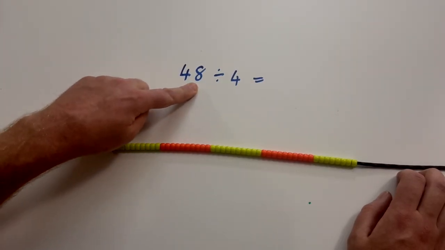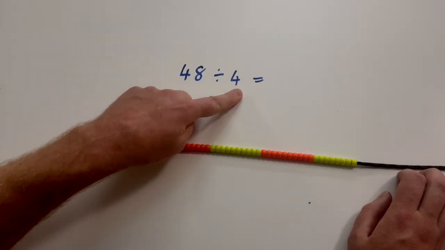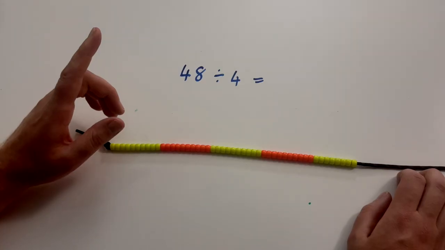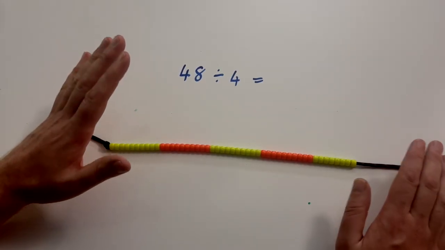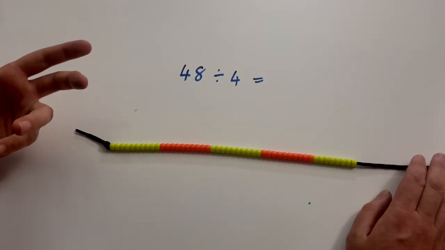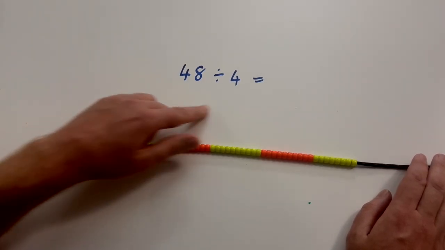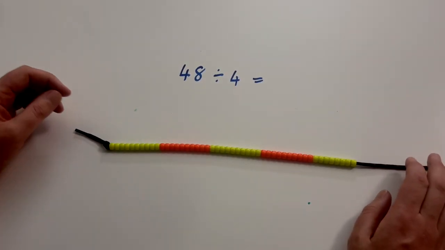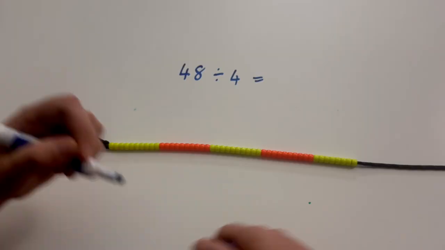We've got 48 divided by 4, or again, how many 4s in 48? Now, I might not know all my times tables, but hopefully I'm pretty good at my times 10 and times 5. So maybe I could use one of those as a bit of a benchmark. And if I did that, I can hone in on this answer really quickly. So for example, I would hopefully know that 10 4s are 40.